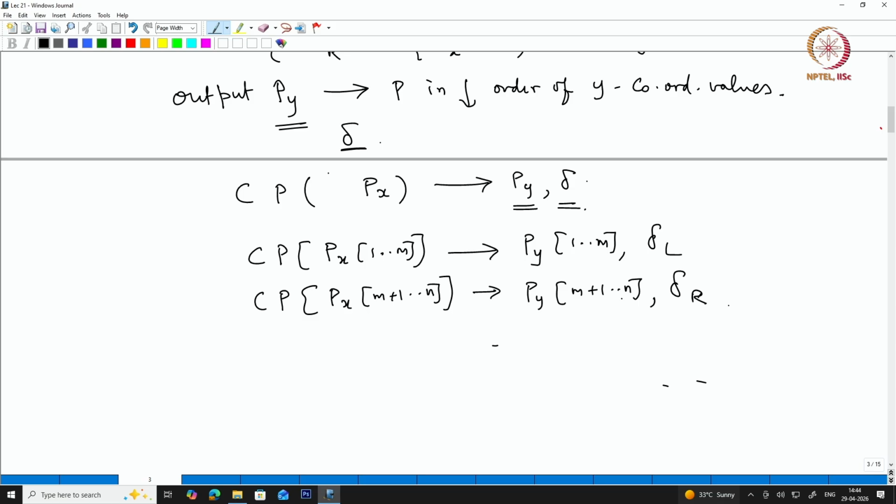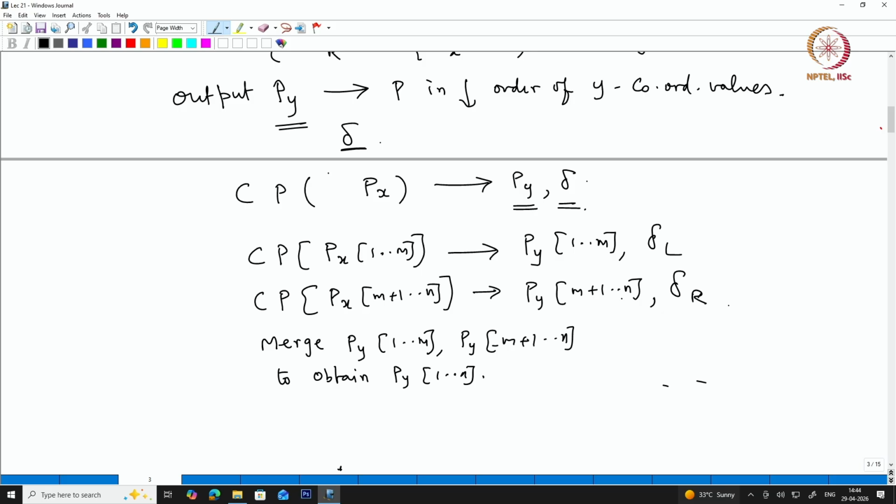Now what we are going to do is merge Py 1 to M and Py M plus 1 to N to obtain Py 1 to N. Okay.